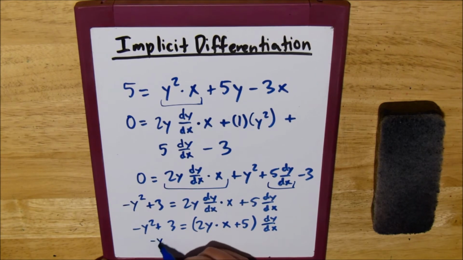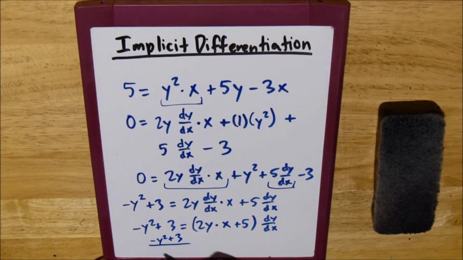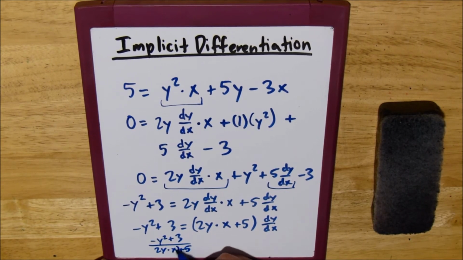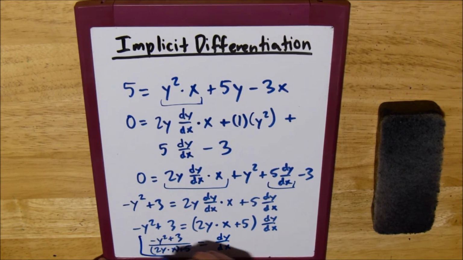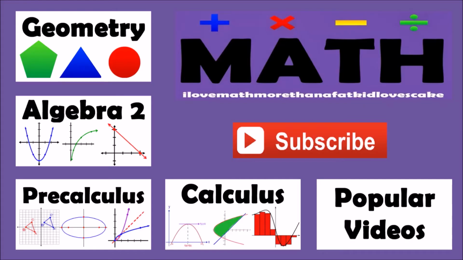So negative y squared plus 3 over 2y times x plus 5. Put this in parentheses. Equals dy over dx. And that is how you do implicit differentiation.